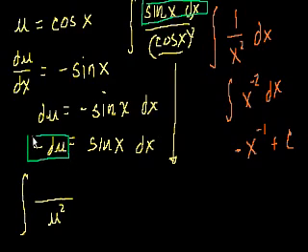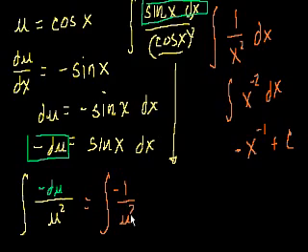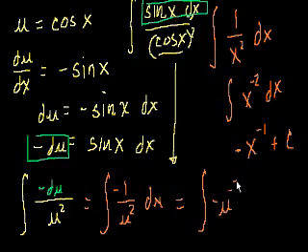Sine of x dx is equal to minus du. So we can replace it with minus du. And then this has the exact same form as the thing over here. You could rewrite this as minus 1 over u squared du. Or we could rewrite this, I'm just writing it a bunch of different ways, whatever is easier for you to conceptualize, as minus u to the minus 2 du.